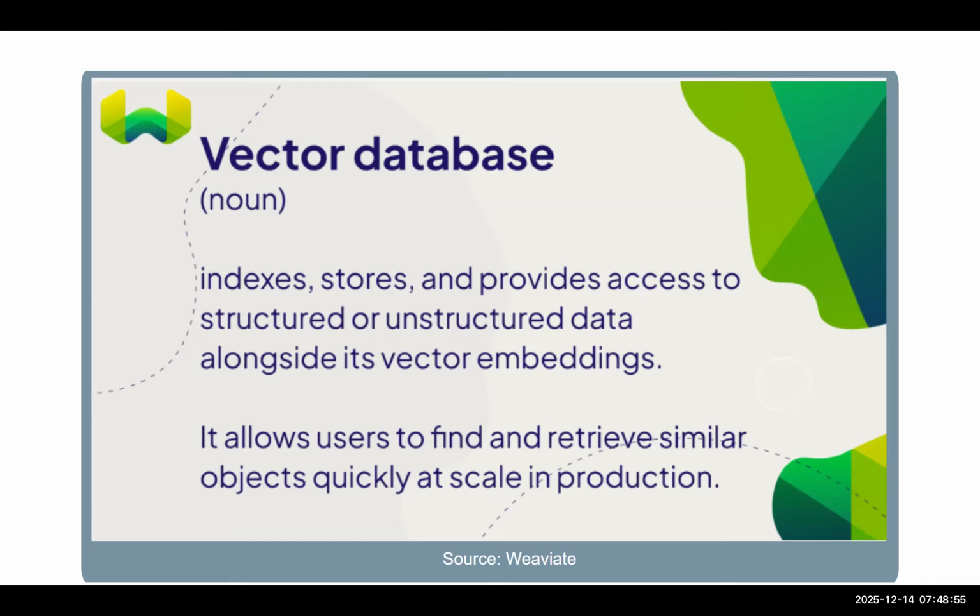The actual paragraph that we are talking about when you convert it into embeddings. So it can store both together with metadata, and then you can get back the results by searching with the embeddings. It allows users to find and retrieve similar objects quickly at scale in production. Okay, so that's the definition of a vector database.